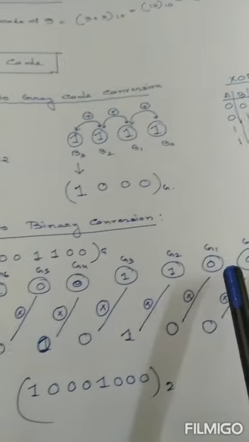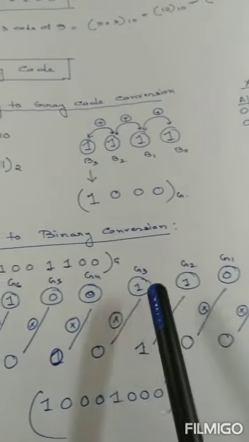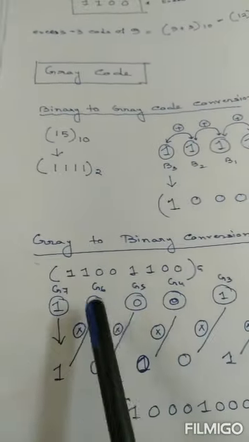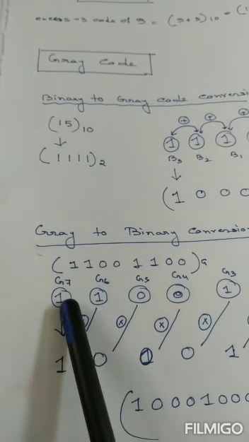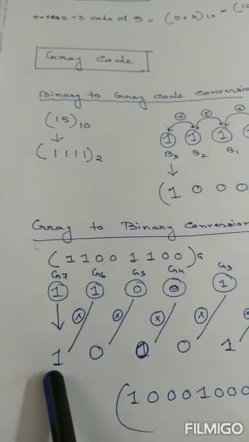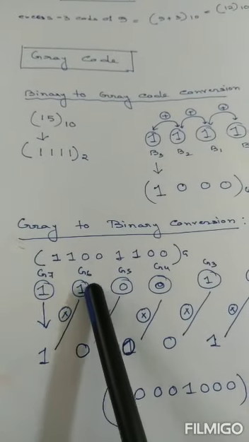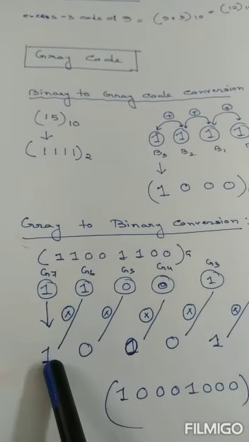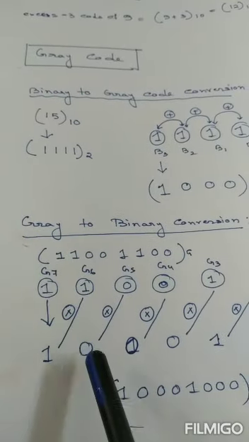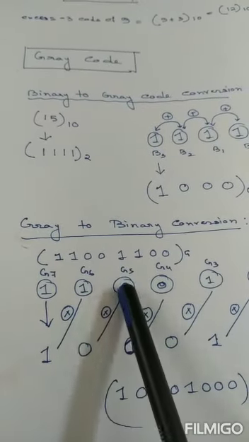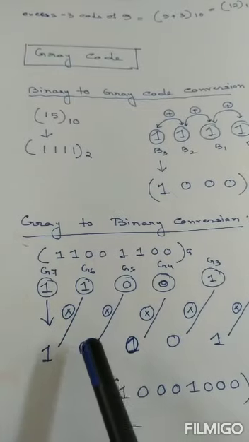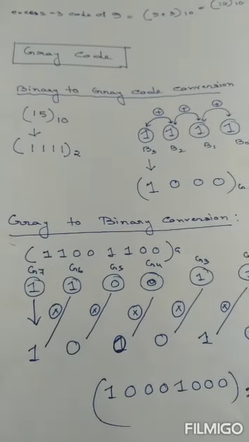And this is an example of gray to binary conversion. Suppose these are G0, G1, G2, G3, G4, G5, G6, G7. First write down G7 directly, that is 1. Then XOR G6 with the previous resultant. Then G5 with the previous resultant.